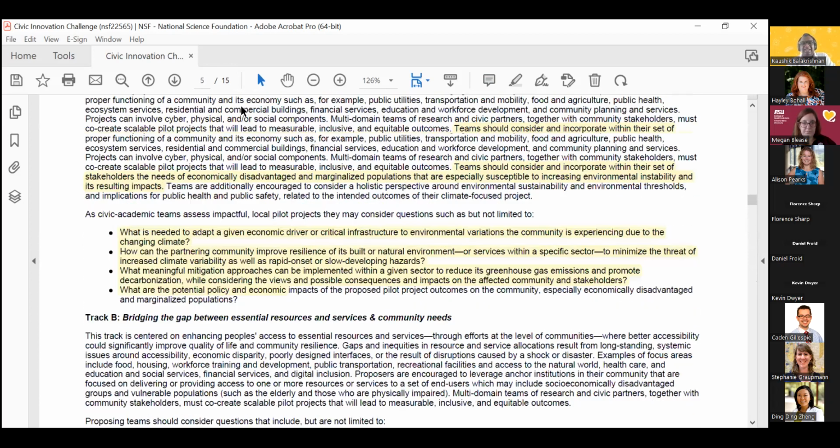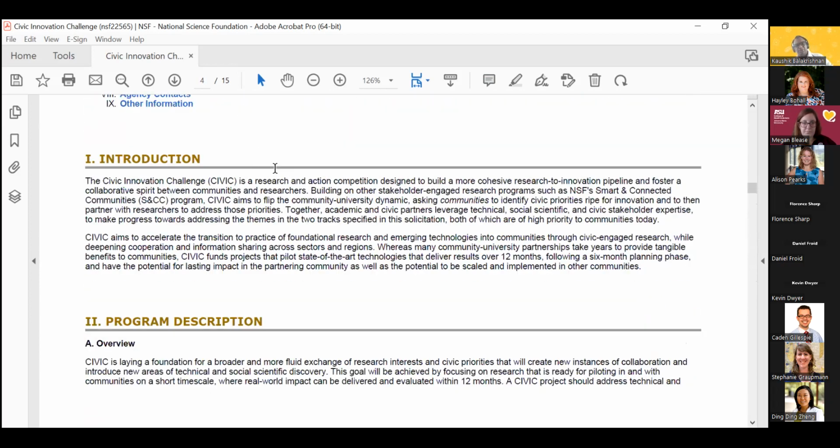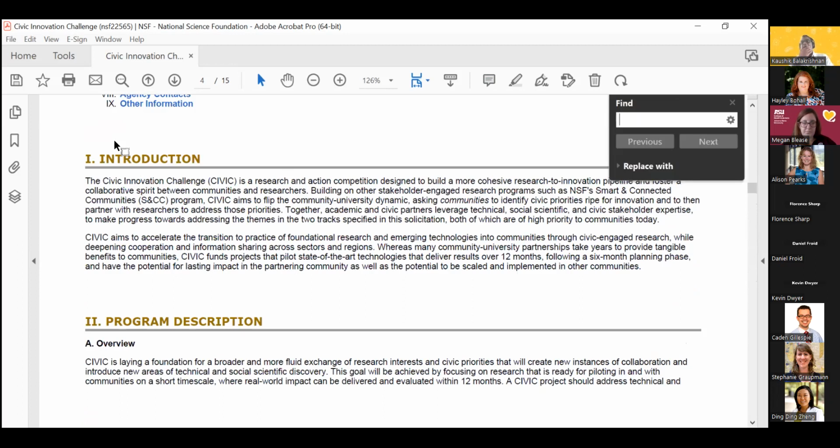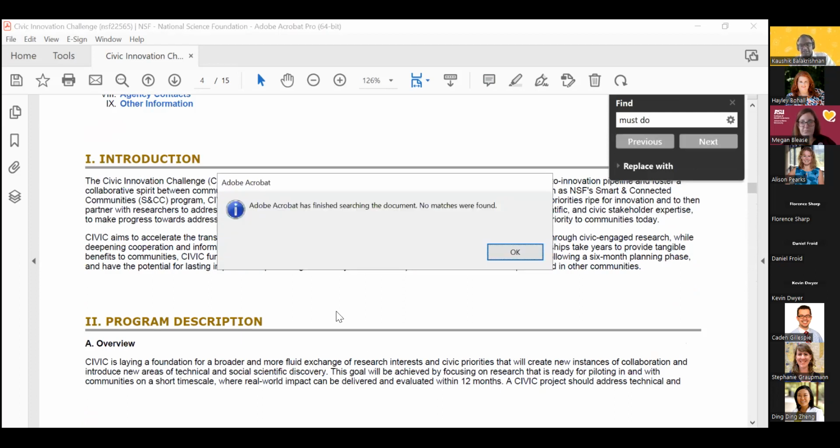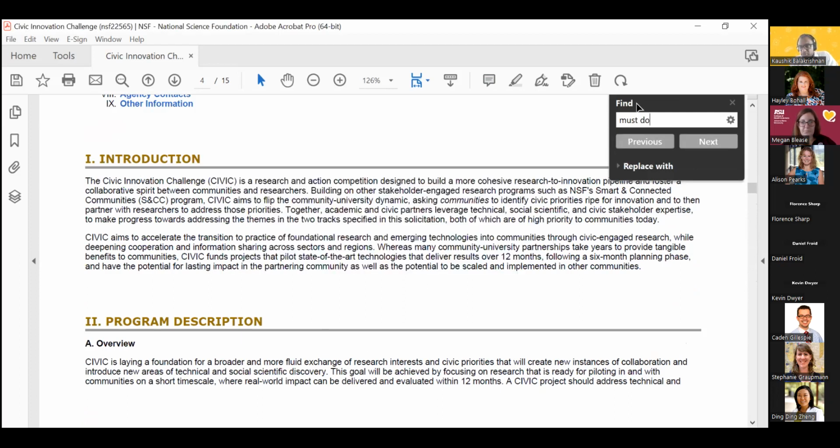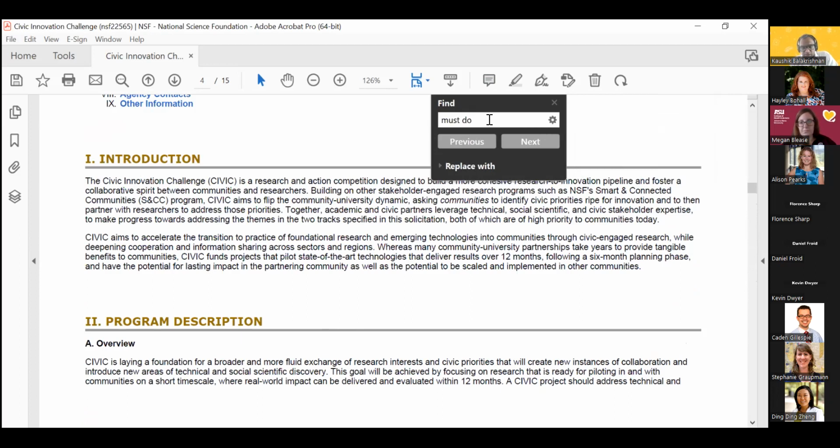So I'm just going to run some search strings here. The first thing I'm going to search is must do. Let's see. Oops, what did it do? Should.